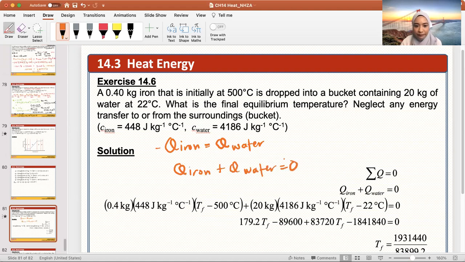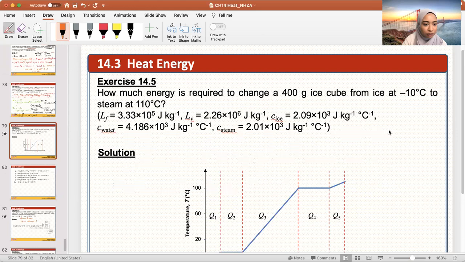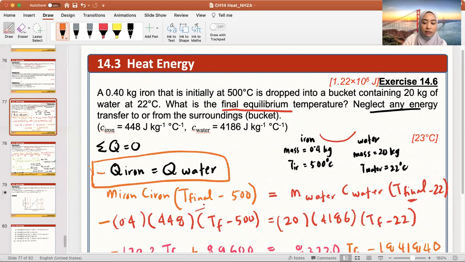To me, you can use either way, it doesn't matter as long as you understand what you're doing. So we had an error just now because I forgot about the releasing. Okay, so that was my bad. Thank you for helping me out. So here we need to remember that the guy that is releasing should be negative, the guy that is absorbing is positive. If you want to use delta Q equals to 0, then this would be Q iron plus Q water. But in this case, you don't have to flip anything juga.